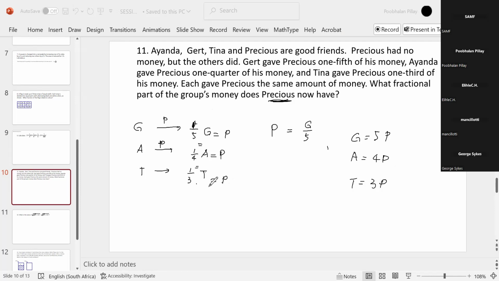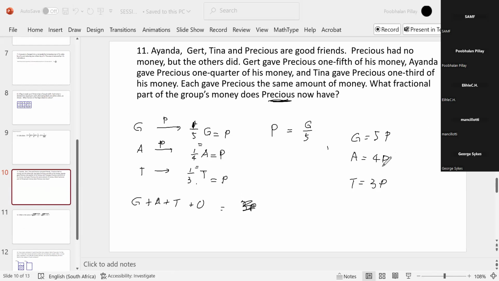Now the group's money altogether, originally, was G and A and T and 0. That is the total amount. Precious didn't have anything, right? So when you add up all that, you're going to get 3P. P plus P plus P. No, I'm sorry.